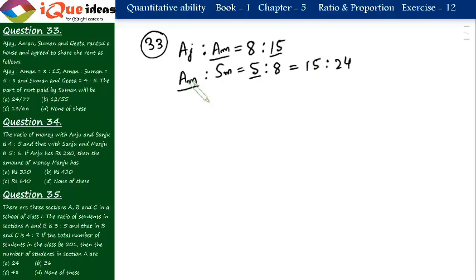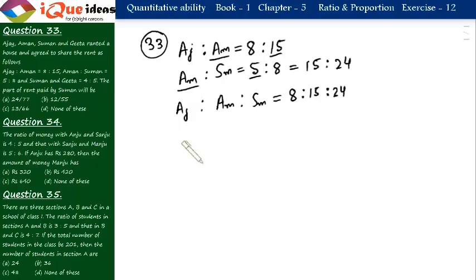So the combined ratio of Ajay is to Aman is to Suman is equal to 8 is to 15 is to 24. This is the combined ratio of Ajay, Aman and Suman.